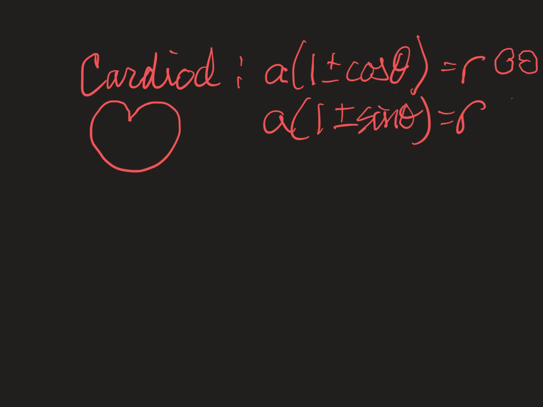And the sine ones are upside down and right side up hearts. All right, those are called cardioids. So you know if you get an equation that looks like this, where A is a number and you have 1 plus or minus a sine or cosine of theta, you're going to get a cardioid.